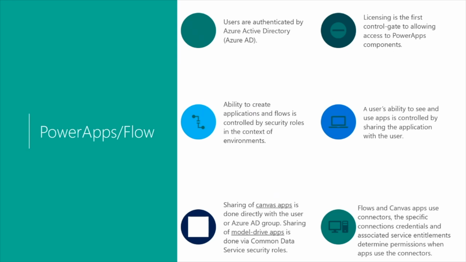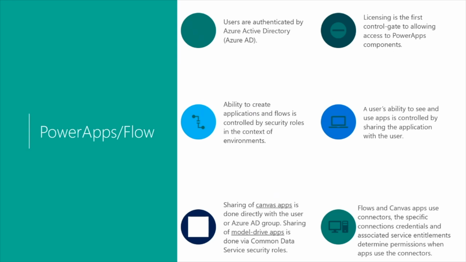And then, as we discussed, Environment Maker is a role which helps you to create flows and Power Apps. So the third gating process is whether you have the required role to create apps and flows. In general, I'm not going to talk about gateways and all of that, but the question is Power Apps and Flow, so we restrict the conversation to Power Apps and Flow.